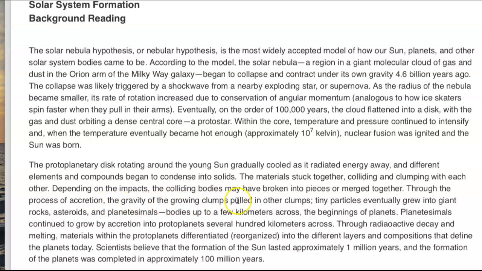The gravity of the growing clumps pulled in other clumps, right? Tiny particles eventually grew into giant rocks, asteroids, and planetesimals, bodies up to a few kilometers across. The very beginnings of planets, like baby planets. Planetesimals continued to grow by accretion into protoplanets several hundred kilometers across, like toddler planets, right?